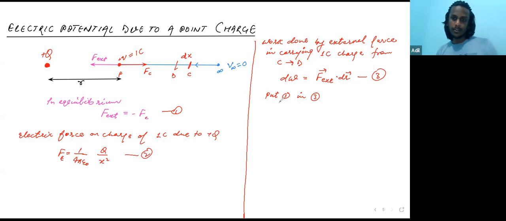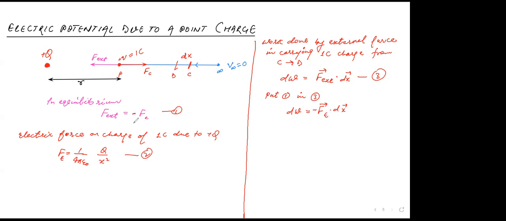So put equation 1 in equation 3. We can write dW is equal to F of electric dot dx. Are you clear? This is the minus of F of electric because there is a minus sign also.